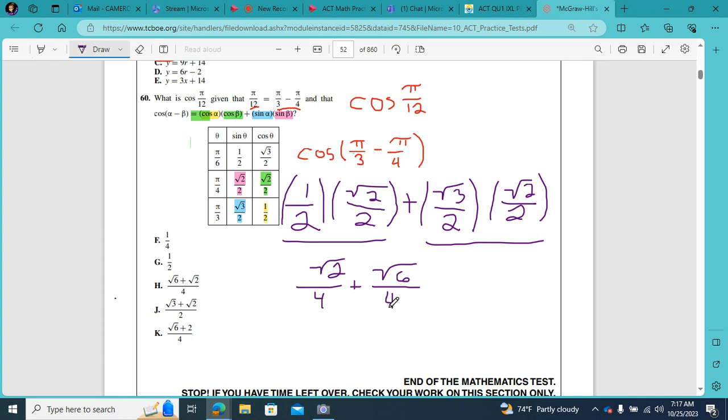And if I look at the answer choices, I can already see my answer. Stuff over 4, and it's square root of 6 plus the square root of 2 over 4.